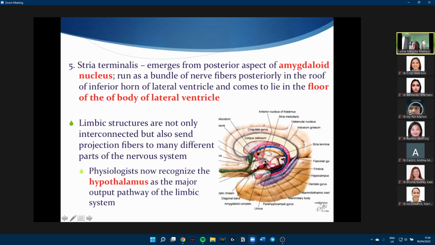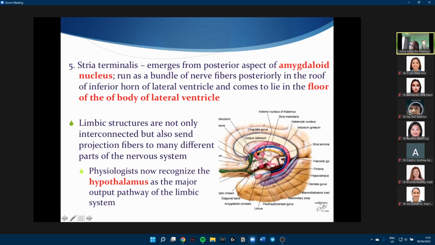Now, the last pathway is your stria terminalis. So the stria terminalis is supposed to arise from the posterior end of the amygdaloid. So this is the amygdaloid. So this is the posterior end, and this one is your stria terminalis. Ayan, yung blue, no?